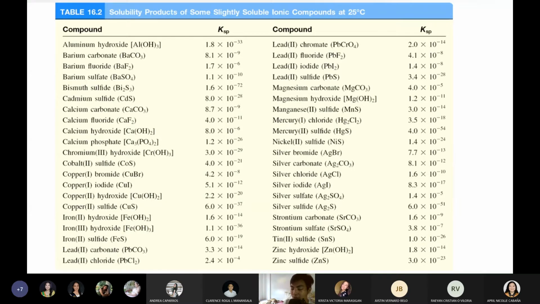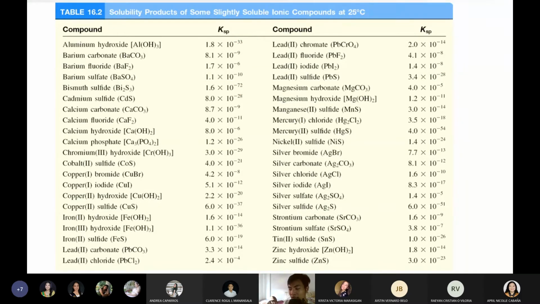Especially if your exponent is, let's say, negative 33, negative 14, negative 28, negative 72, di ba? Masyadong malaki yung negative value for the exponent. That means, onti lang talaga yung nasa product side. Pero pag sinabi nating onti yung nasa product side ay hindi wala na sa product side. Still may products pa rin tayo mabubuo, but to a very small extent.